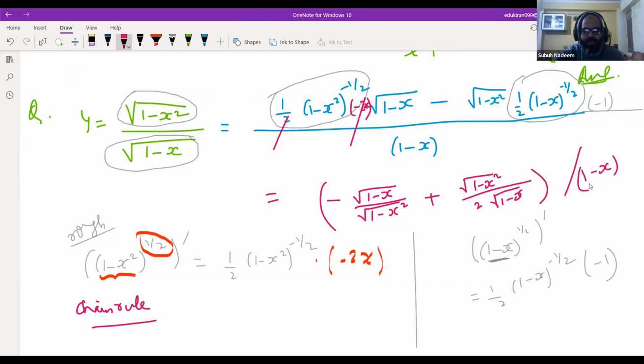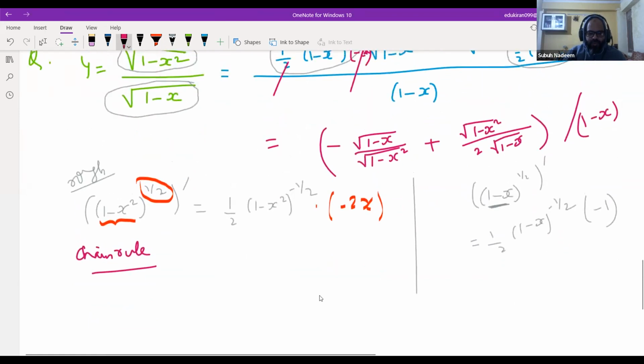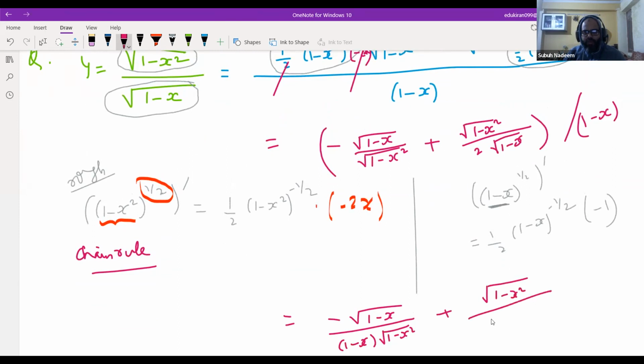Then in the next step, what you can do is, this whole divided by 1 minus x, you can separately divide. So this will be minus root over 1 minus x by (1 minus x) root over 1 minus x square, plus root over 1 minus x square by 2 root over 1 minus x into (1 minus x).